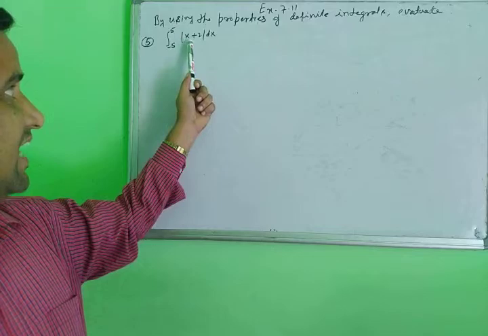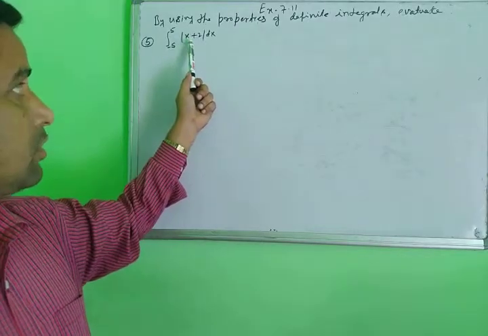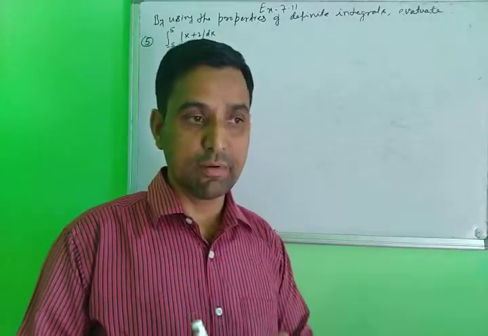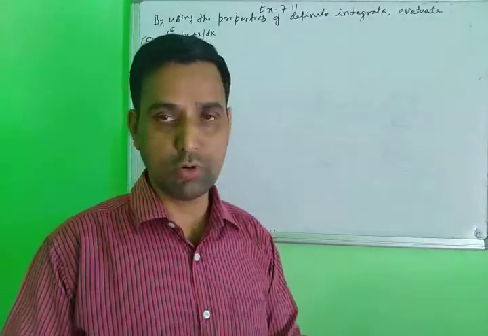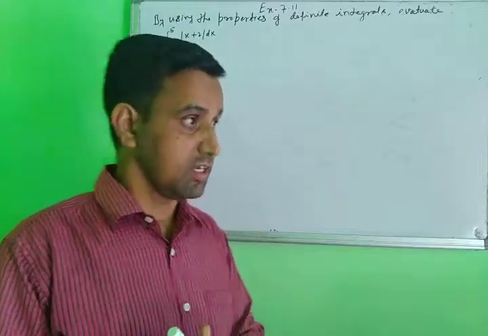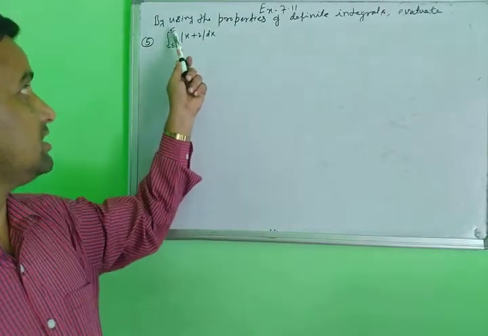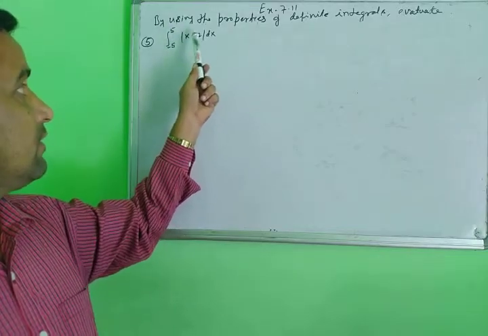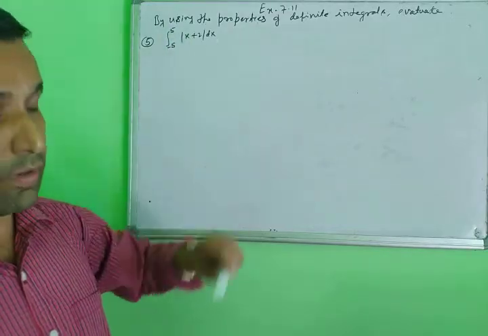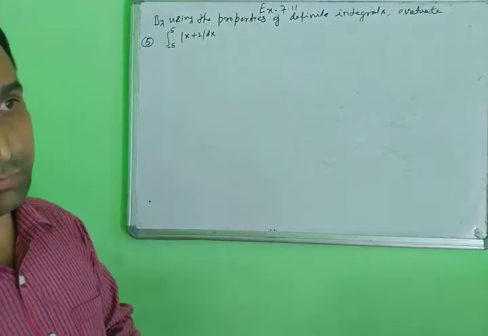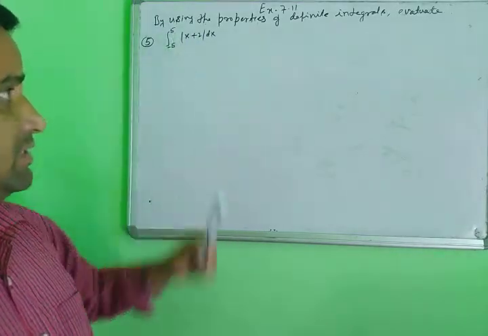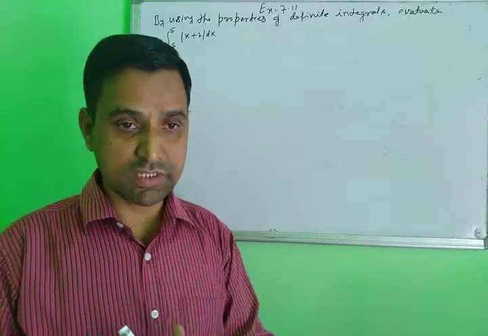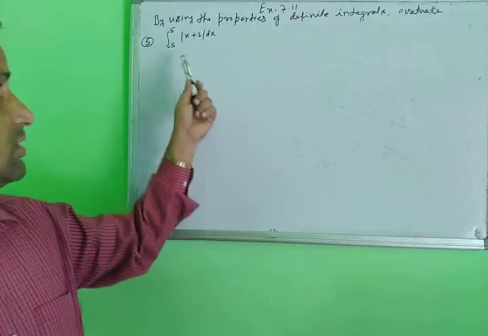You know that |x plus 2| is a modulus function, and when you solve a modulus function, the value always comes positive. But in the limit -5 to +5, this function will be negative in some places and positive in others. First of all, you will break down this function according to the limit.